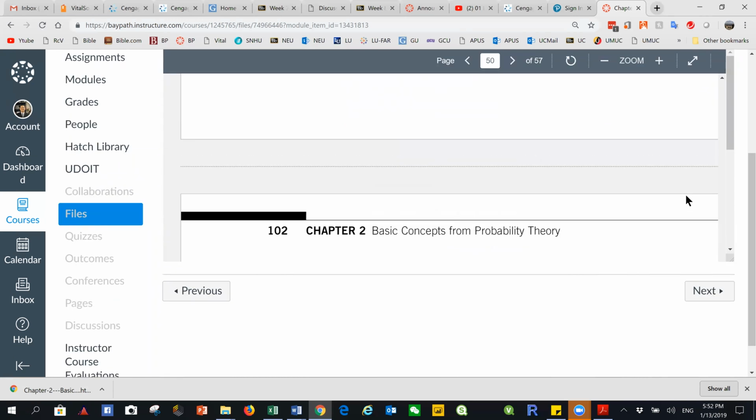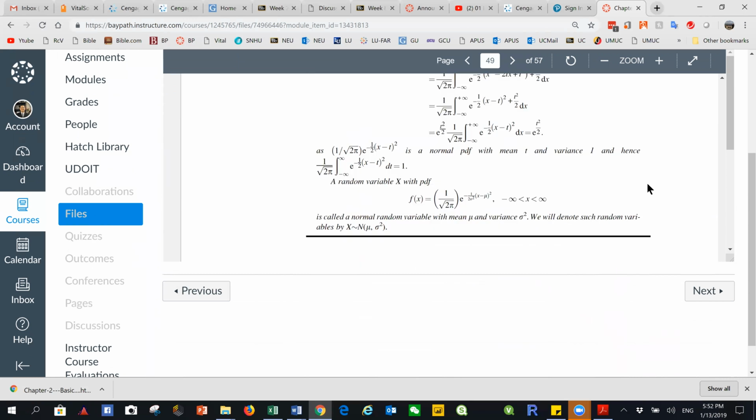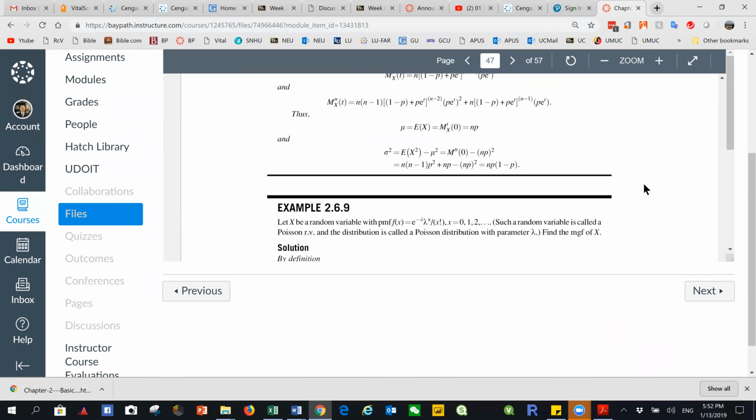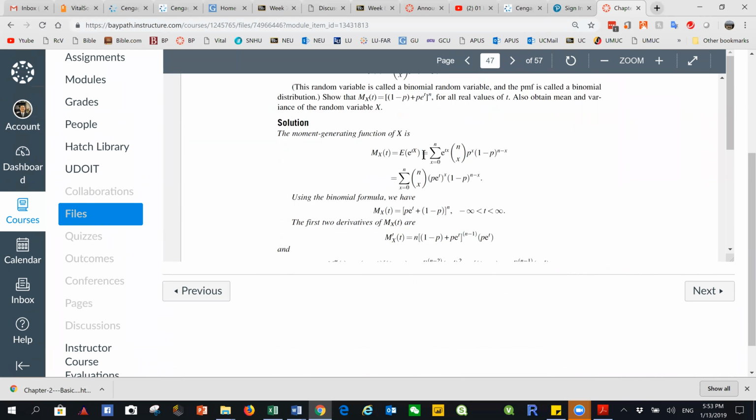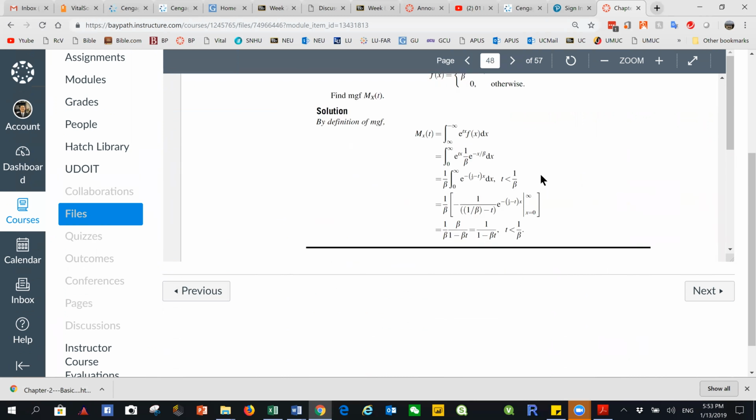And how do you find the moment generating function of y? You have to go back to the formula. You will see the moment generating function is right here. So you will do e to the ty.